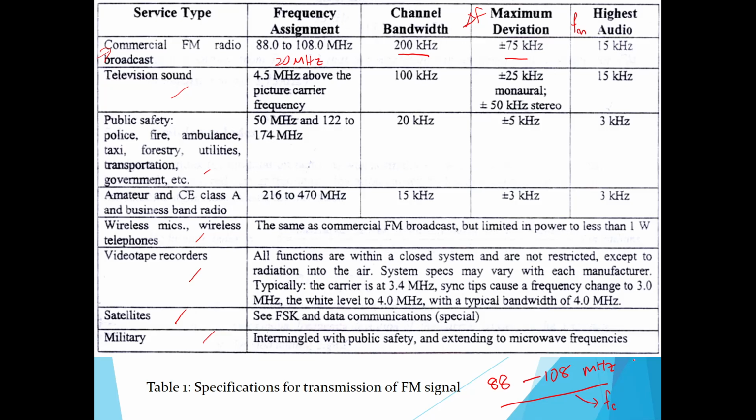The carrier frequency can be any frequency between 88 and 108 megahertz for FM broadcasting, which is the broadcast frequency. The broadcast frequency is the carrier frequency.